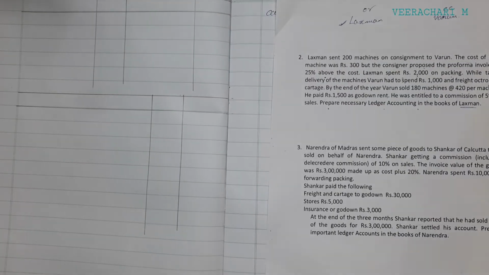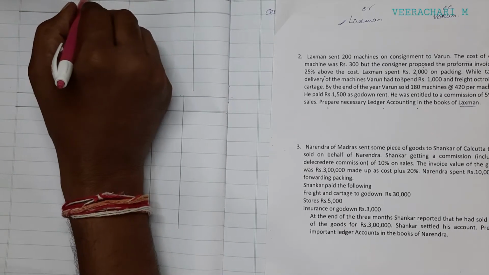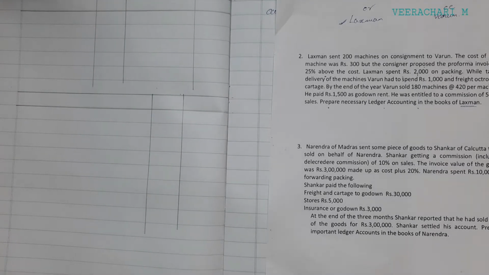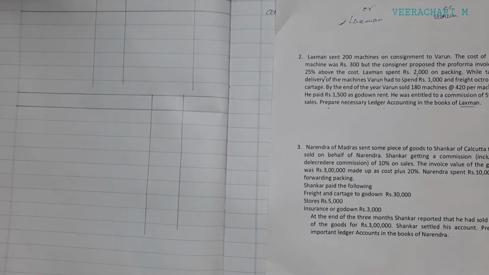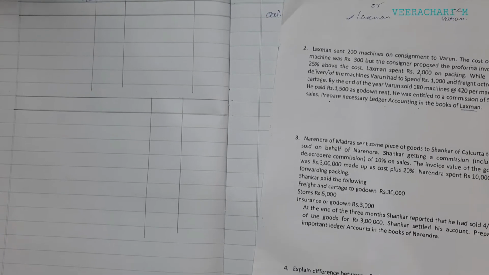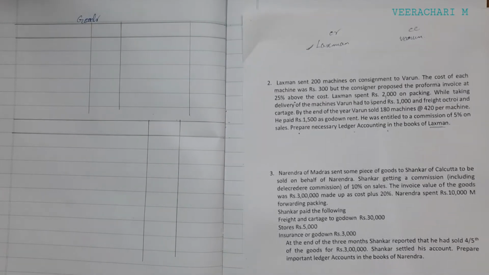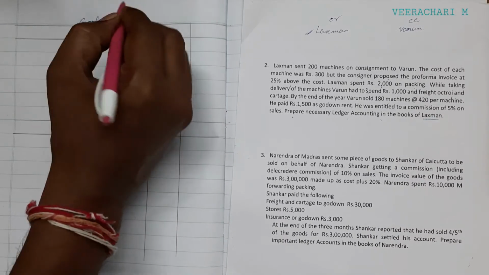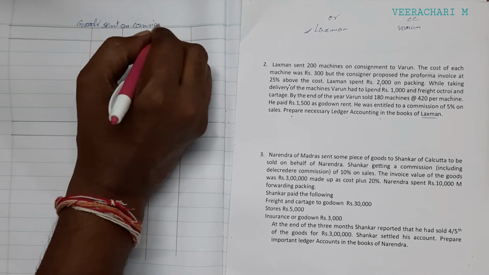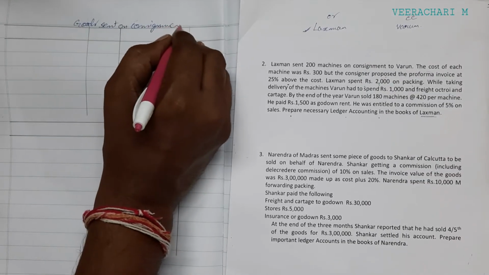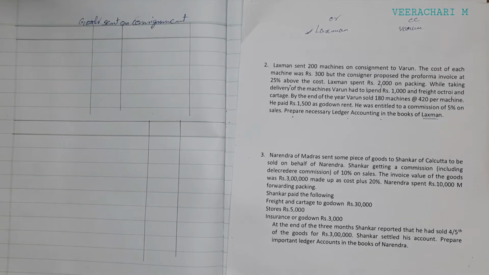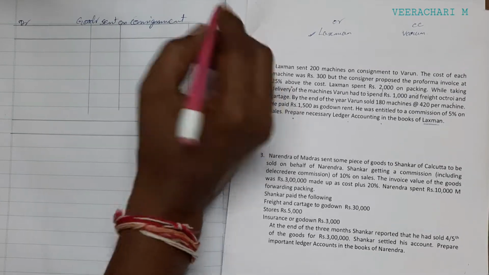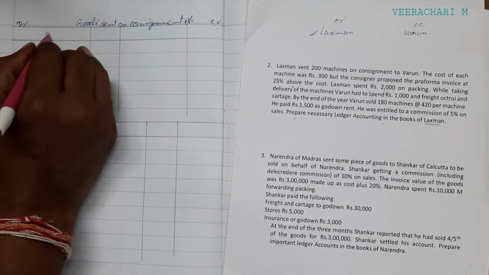Goods sent on consignment is debited, and the credit goes to the goods sent on consignment account.